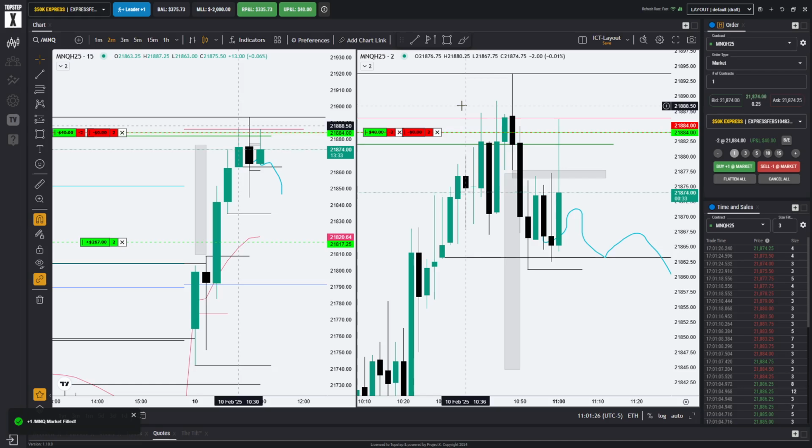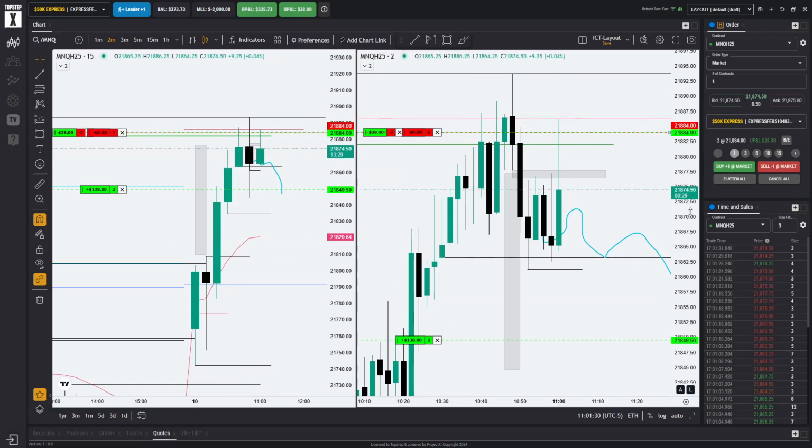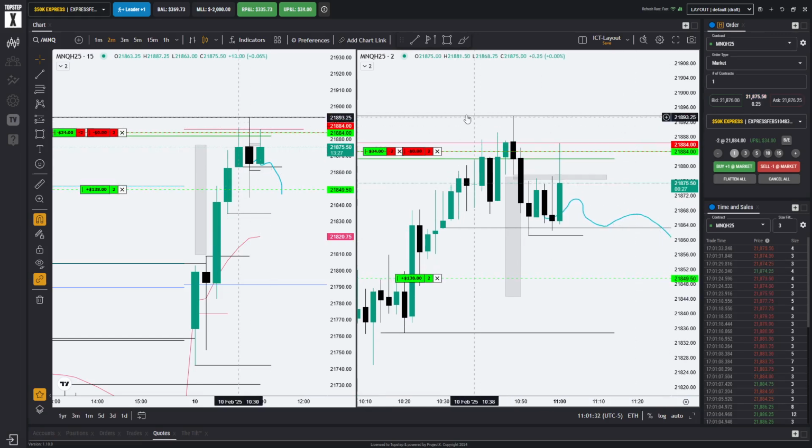Order filled. Take one. Stop loss break even. Come on. Dump it. Okay, US is about to dump. Lovely. Looks like it could work.